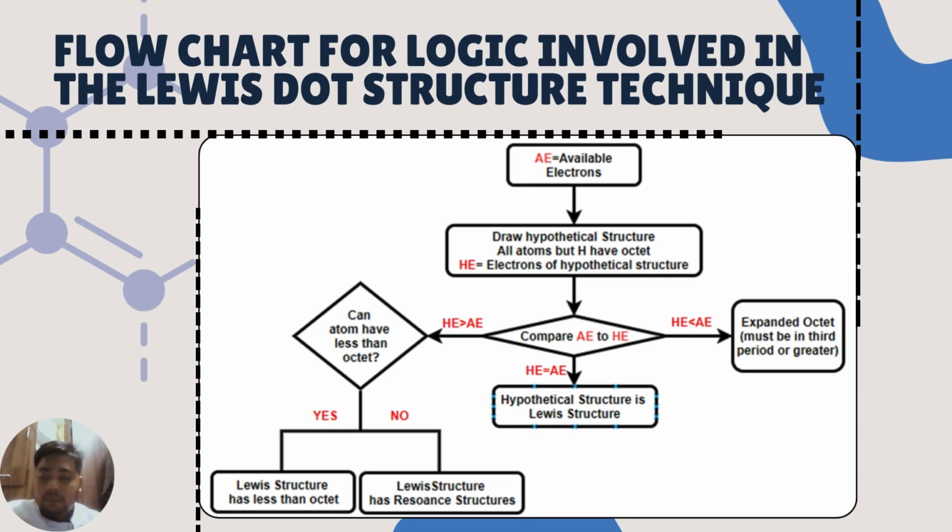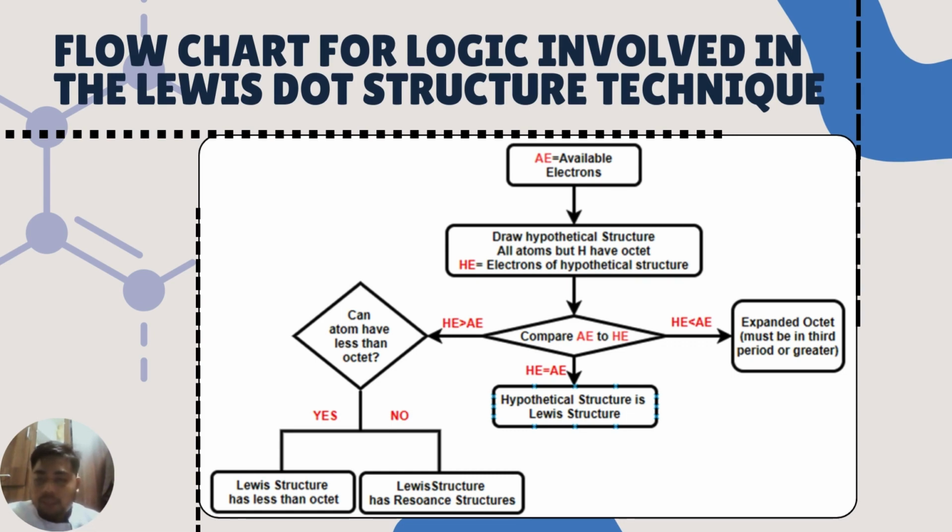The third step is to compare the actual electrons or available electrons and the hypothetical electrons. If the hypothetical electrons equal the available electrons, then the hypothetical structure is the Lewis structure. If the hypothetical electrons are less than the actual electrons, then we can have the expanded octet.